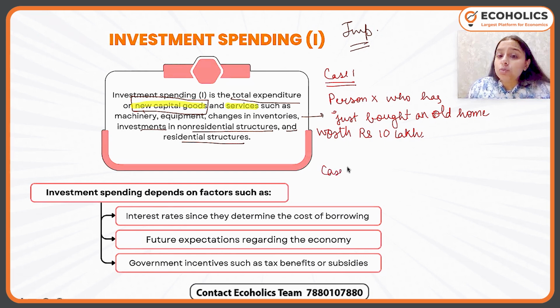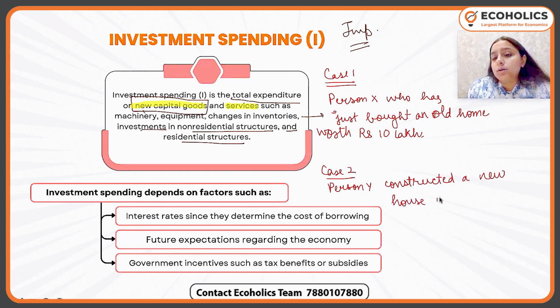In case 2, person Y constructed a new house worth rupees 50 lakhs. Now, in this case, what would be the investment?